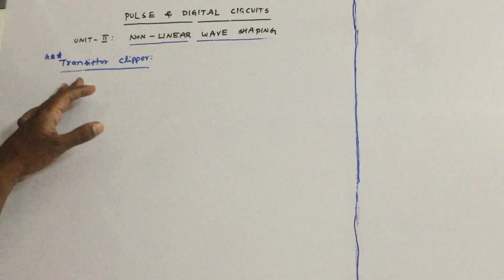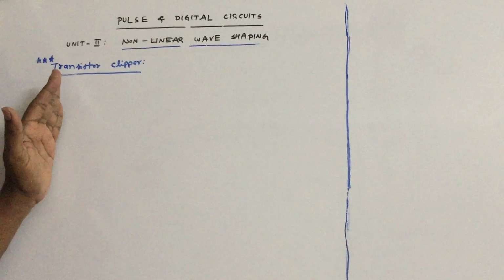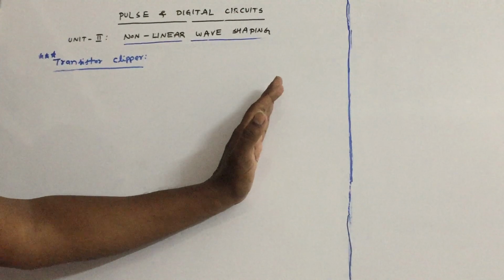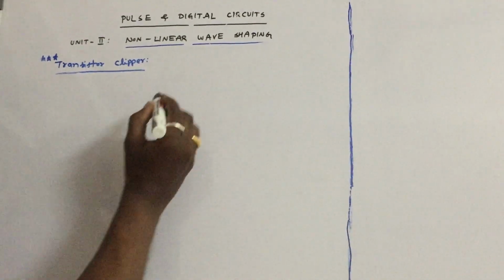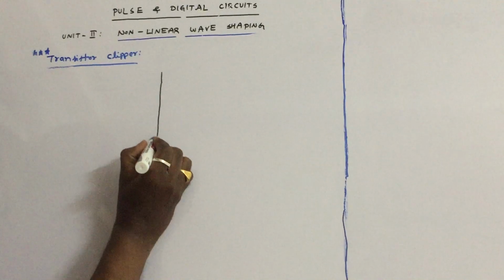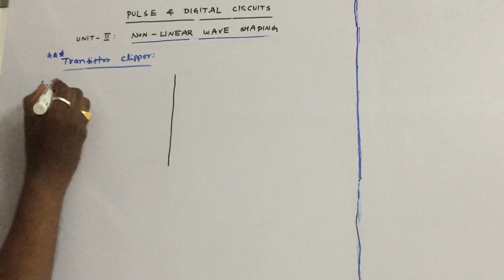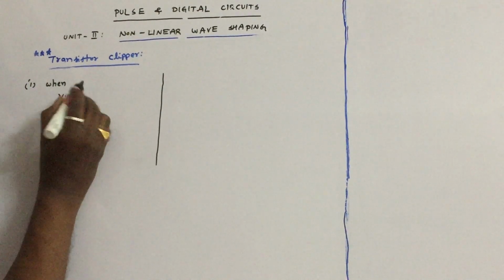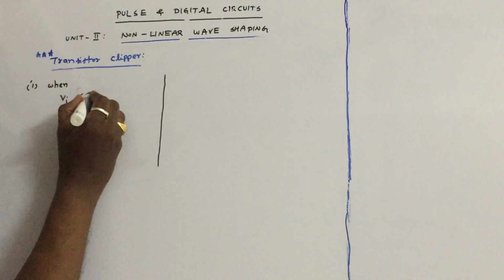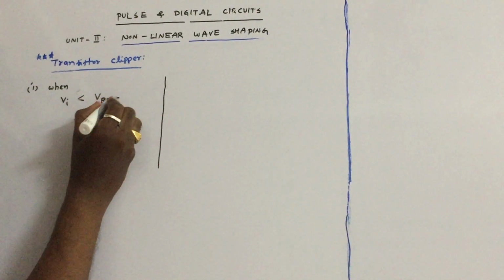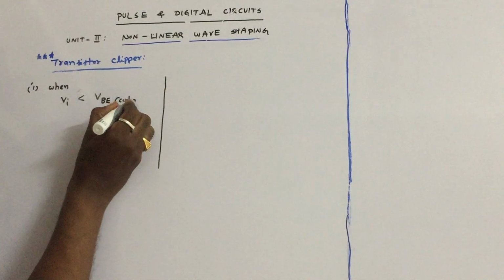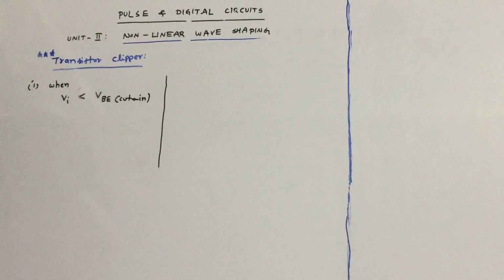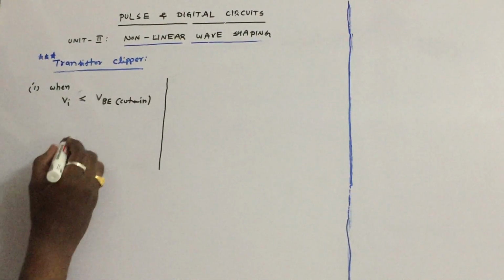Before going to the transistor clipper, let us see what the currents and voltages are when the transistor is in cutoff, and what the currents and voltages across the transistor are when it is in saturation. Very simple. First, case 1: when the input voltage applied to the transistor is less than the VBE cut-in voltage.